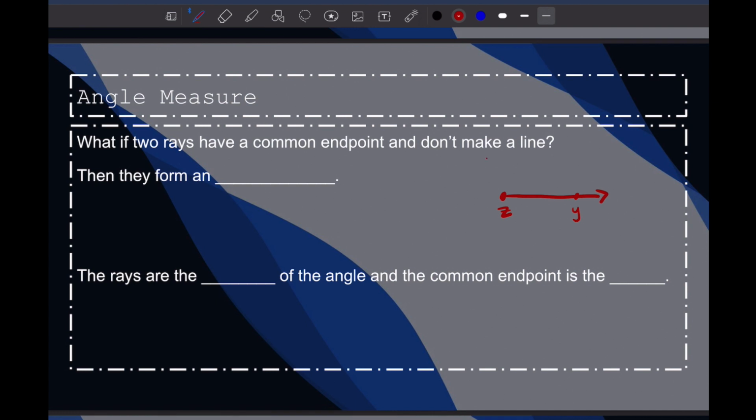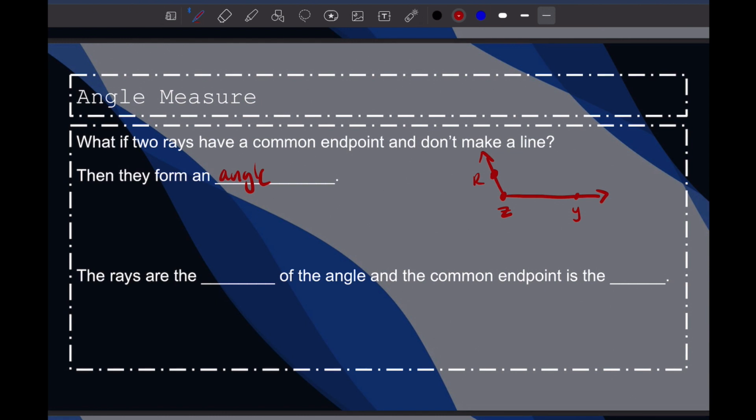What it means, you have something like this, and we can call this point R, right? So we have two rays, one ray here and another ray here, and it has a common endpoint Z. The result of having two rays with a common endpoint that don't make a line is that it actually forms an angle, right? So they form an angle.